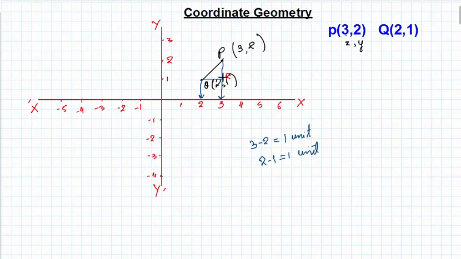Now the question is, what is the distance of P and Q?